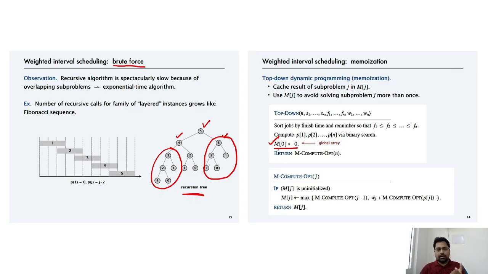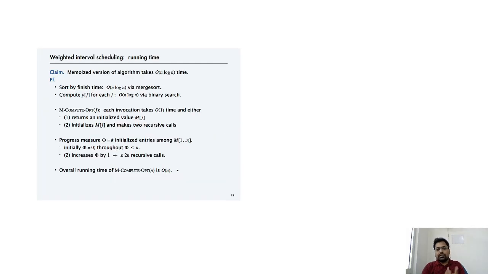So here M of 0 is 0 because it's the initial one, or you can say the base condition. Here, as for J, if it is not initialized, the same OPT is used. The same thing we are using, but we are writing it in coded format, and this is the top-down approach we are following. This is how we are reducing the time complexity.